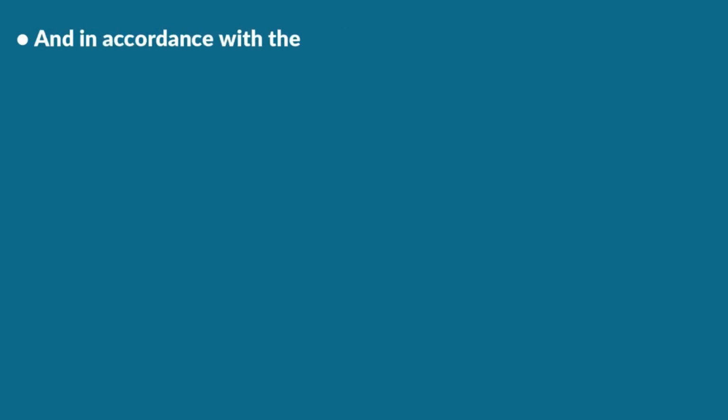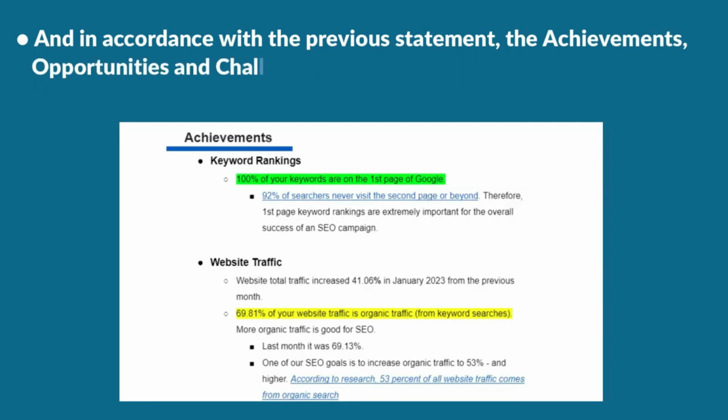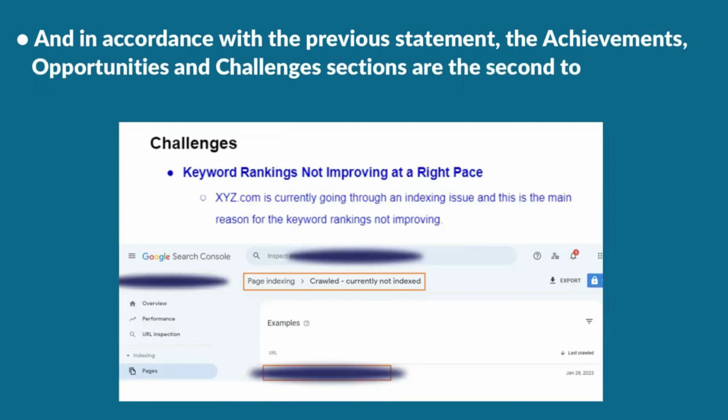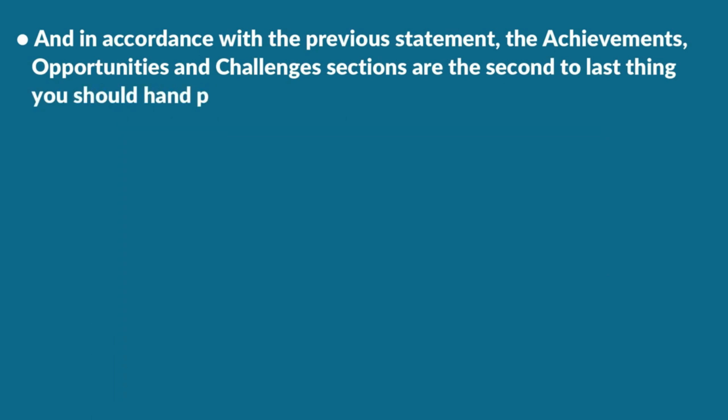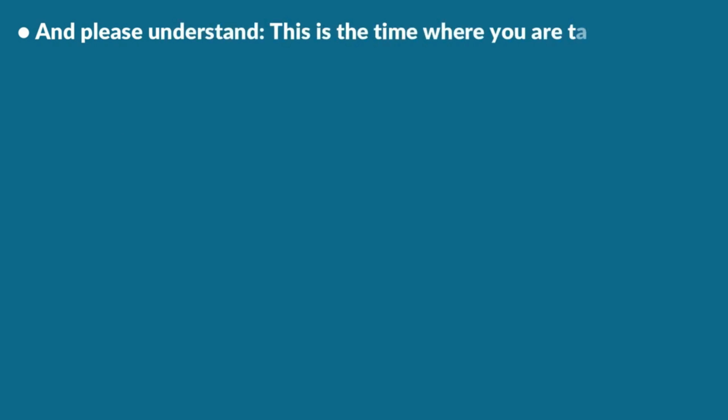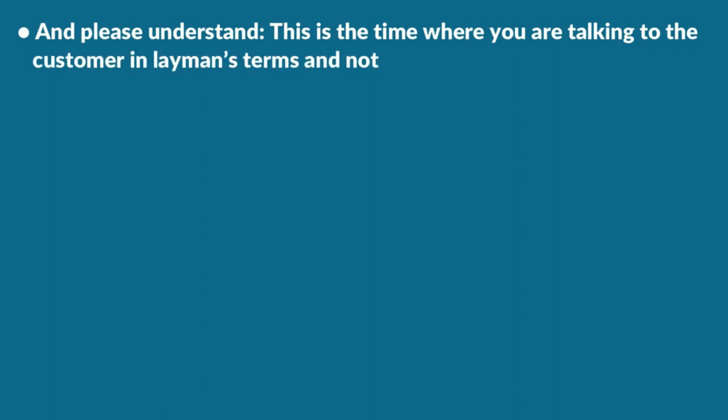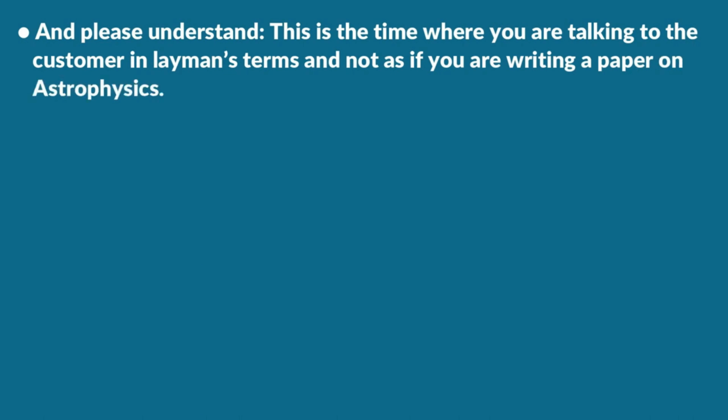And in accordance with the above statement, the achievements, opportunities, and challenges sections are the second to last thing you should hand populate. And please understand, this is the time where you are talking to the customer in layman's terms and not as if you are writing a paper on astrophysics.